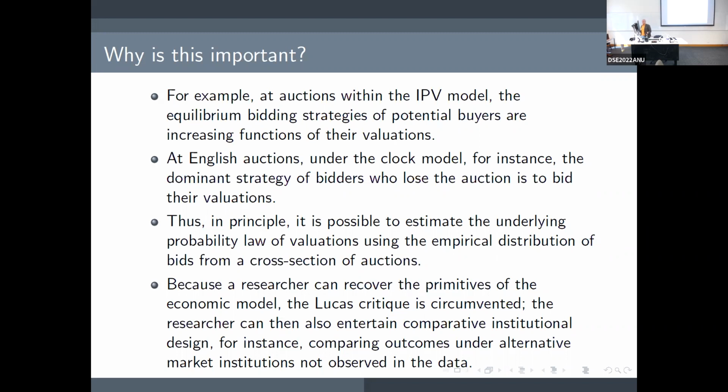So how many of you don't know what the Lucas critique is? Put your hand up. Just one, two. So the Lucas critique is this notion that you can't learn anything about policy from reduced form data analysis.